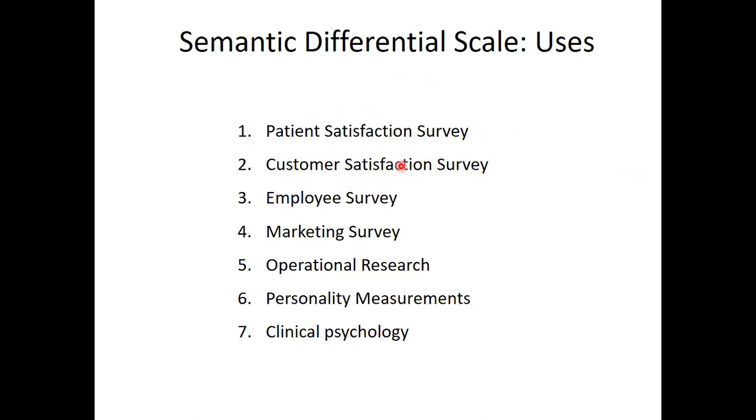This can be done in marketing, customer satisfaction surveys, employee surveys. Maybe you're dealing with motivation. So instead of just using the Likert scale, you can go for this. This is more informative. Also operational research, personality measurement for those doing human resource management, and clinical psychology.